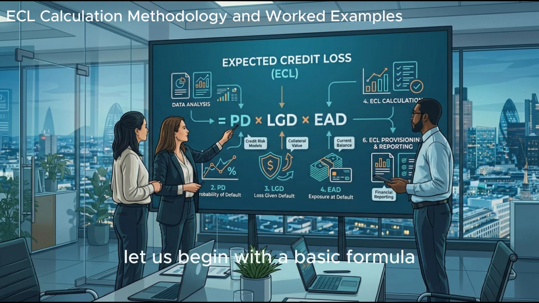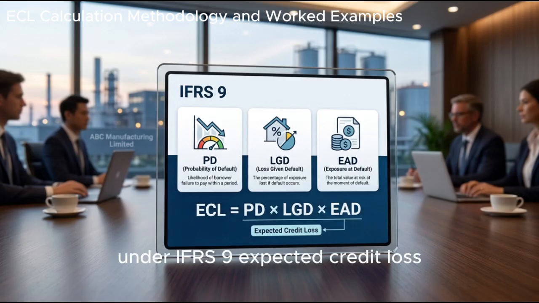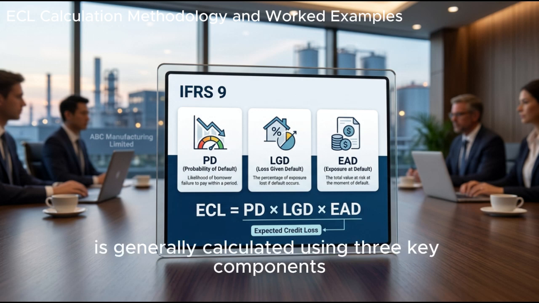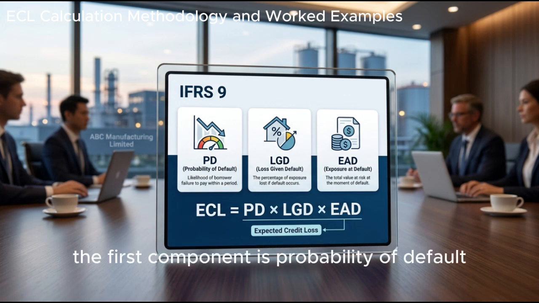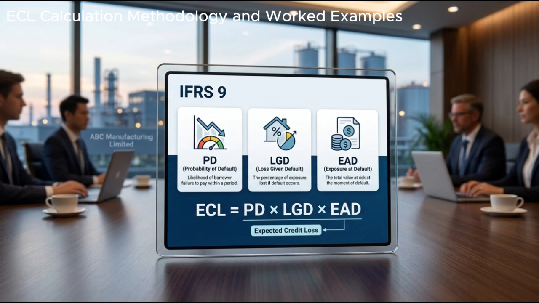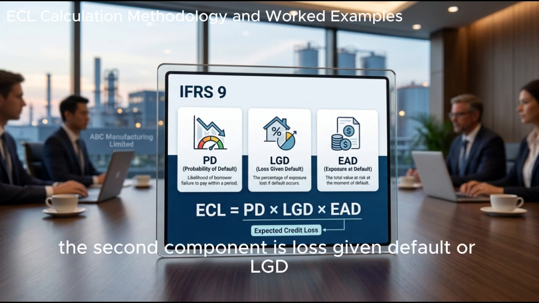Let us begin with a basic formula. Under IFRS 9, expected credit loss is generally calculated using three key components. The first component is probability of default, commonly known as PD. The second component is loss given default, or LGD.